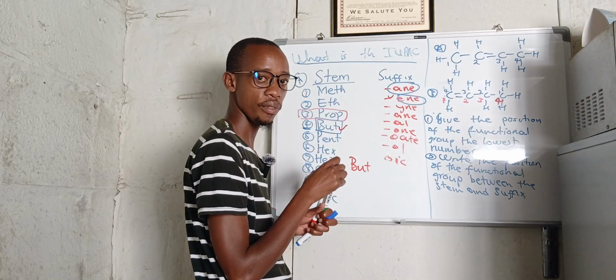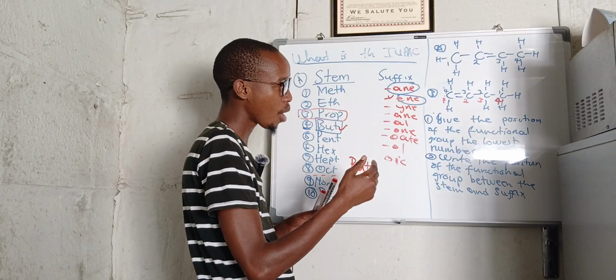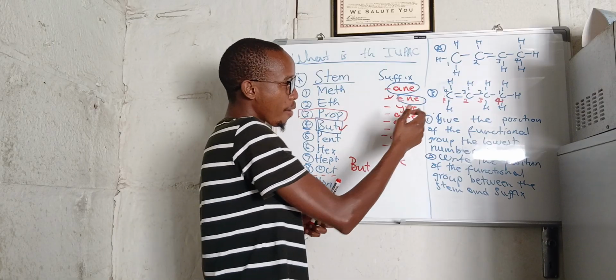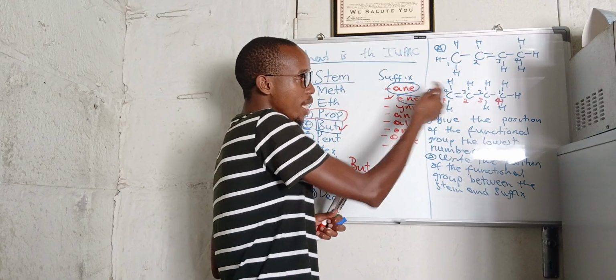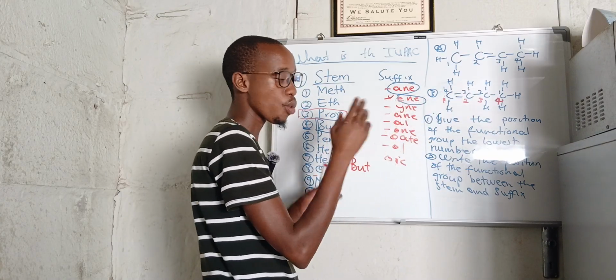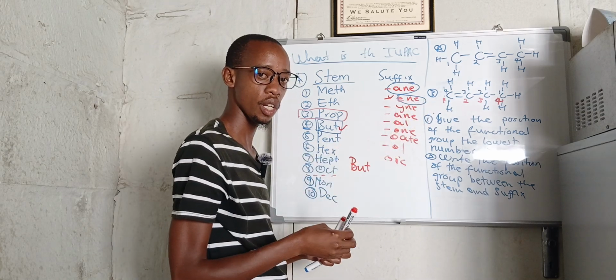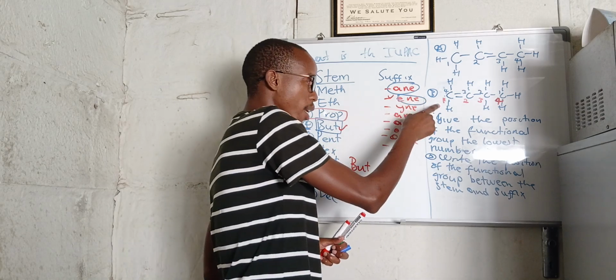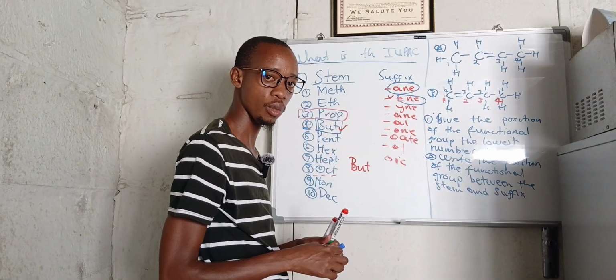Nonetheless, when I count from the left-hand side, my functional group is between carbon 1 and 2. So between 3 and 1, which one is less? I see it is 1. So the position of the functional group in this case is going to be 1. Hence, I'm going to take 1 as my position of the functional group.